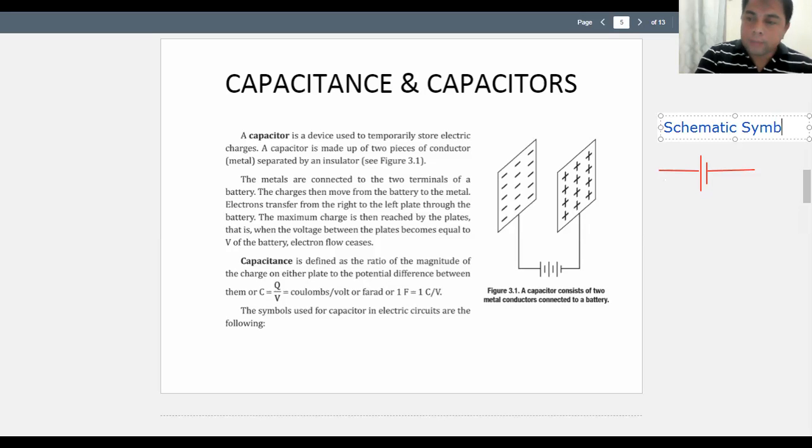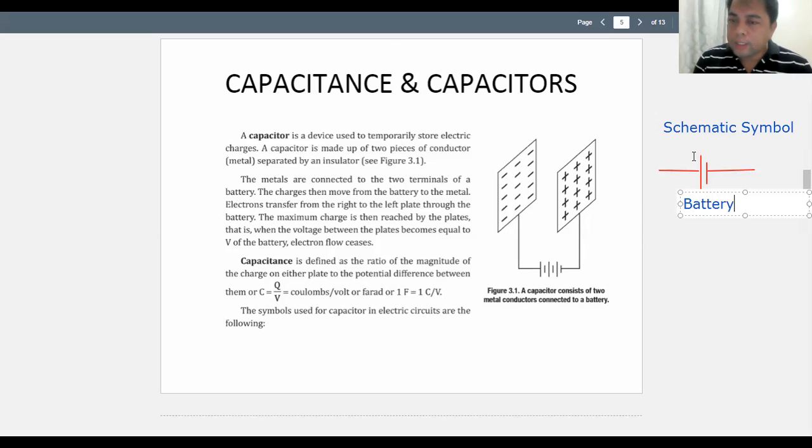And again, our schematic symbol allows us to draw a circuit on a piece of paper. So that's the essence of having a schematic symbol. We will also introduce a schematic symbol probably for our capacitor later on. But this is now our schematic symbol for a battery.